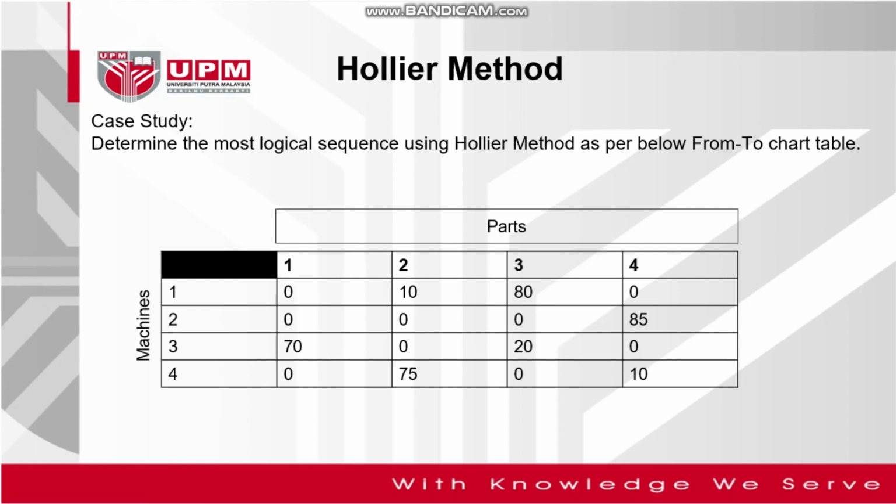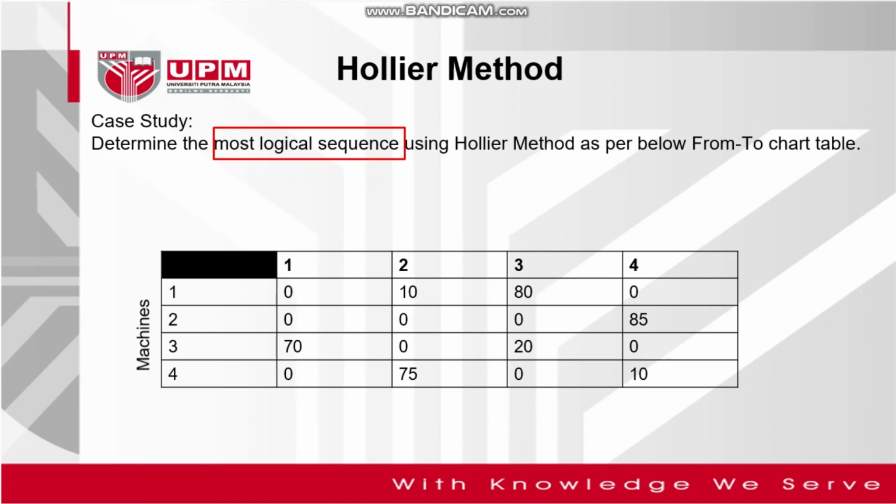understand. For the Hollier method, in our case study here, we have four machines 1, 2, 3, and 4, and also parts 1, 2, 3, and 4. This is the initial arrangement that we have. The most important thing in the Hollier method is to find the most logical sequence by performing the below from-to chart table.